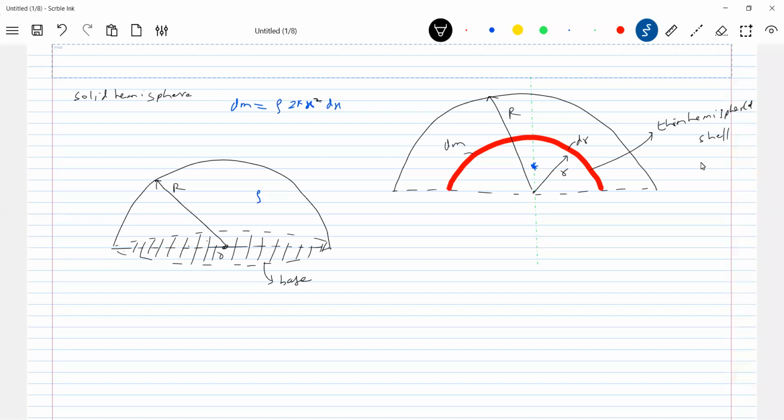So then what is rho? We define it as mass by two-thirds pi r cube. So 2 pi x square dx. So dr I took it, I'll make it small r.